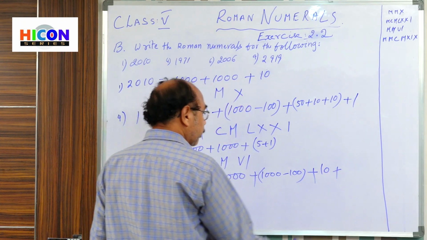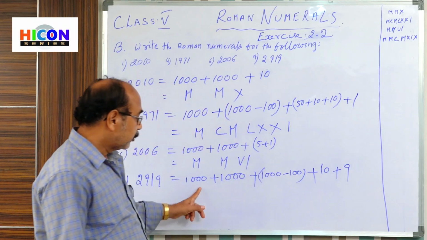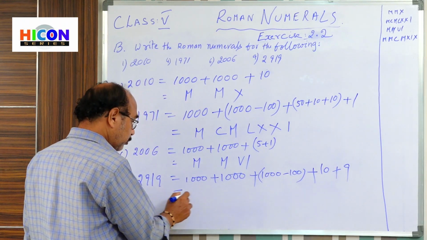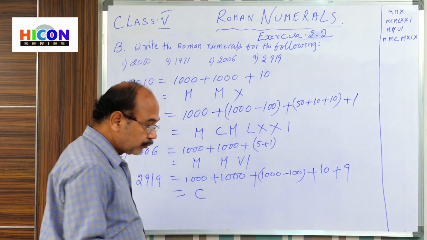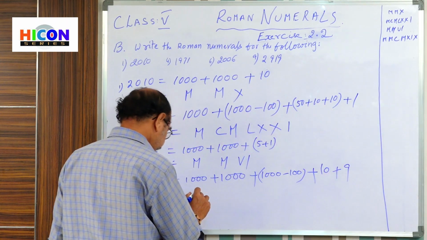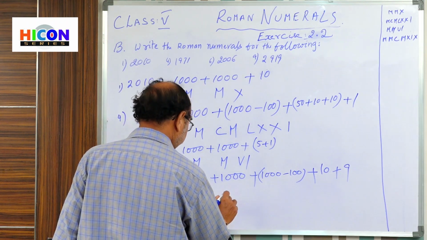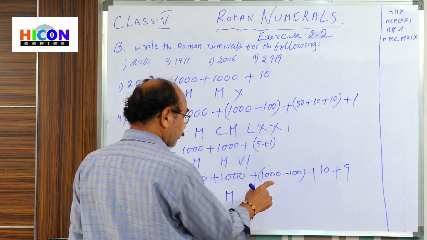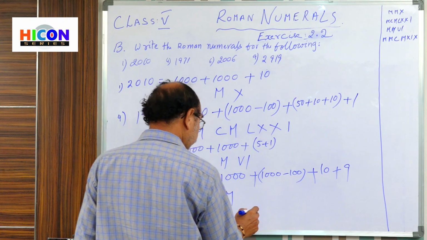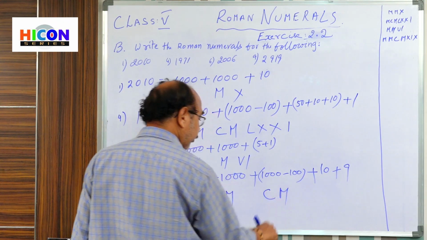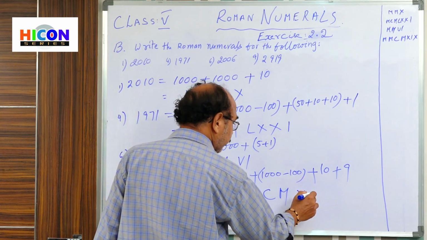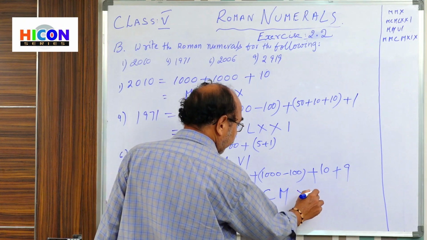So M, M, 2000, then CM for 900, then X for 10 and 9.